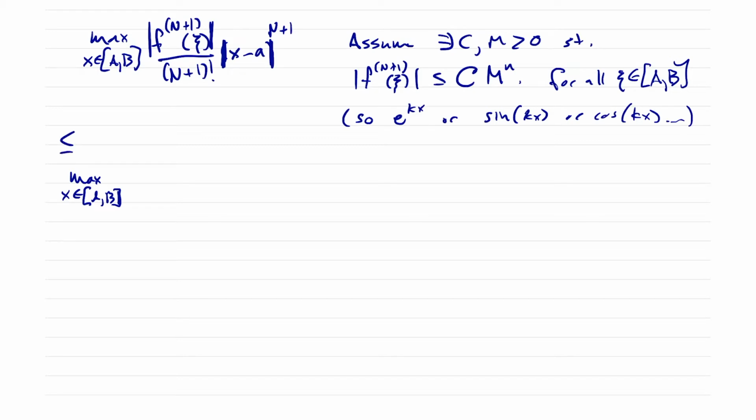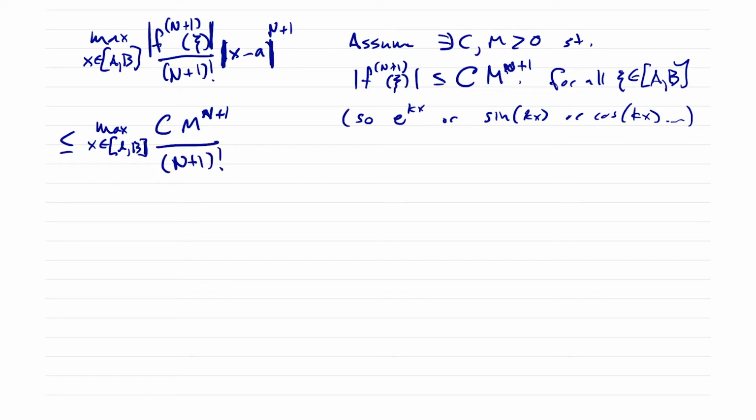So this is less than or equal to c times m to the n plus 1, divided by n plus 1 factorial, times x minus a, which is smaller than b minus a, because we're assuming that little a is also in the interval, to the n plus 1.